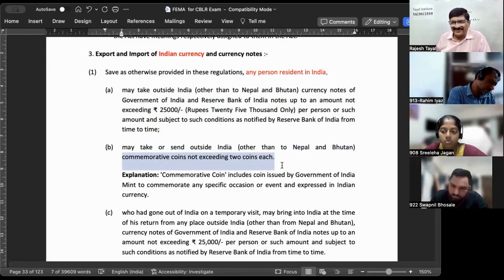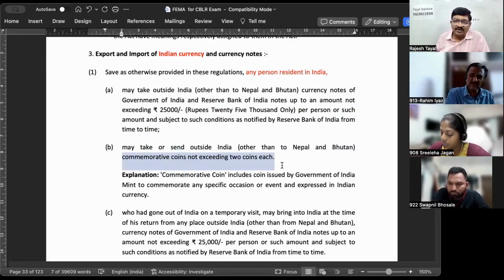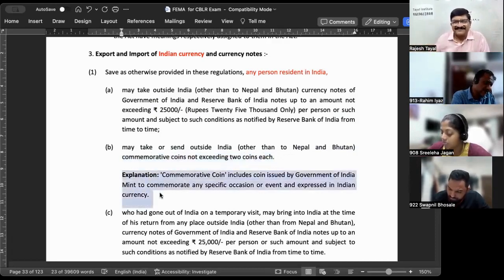Limited editions, you can say. 1,000 coins, 10,000 coins, 50,000 coins only. Commemorative. So there was a memorial. So some special occasion coins which are issued, then those cannot be more than 2 per person. Value of the coin? Doesn't make a difference. Now see this here.